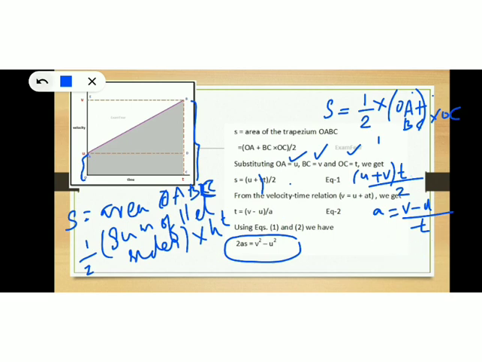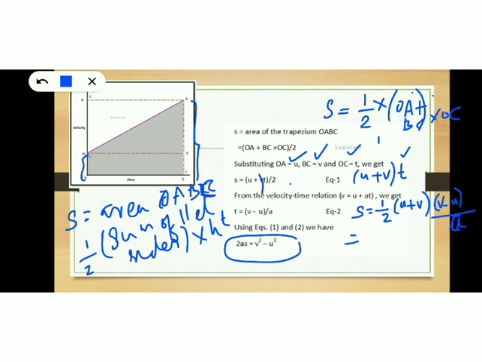See, just listen here. We have got displacement S is equal to half into (u plus v) into time t, and this t can be written as (v minus u) by a. That is the expression for t.